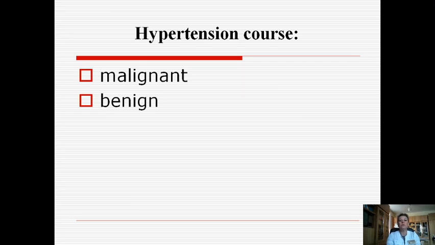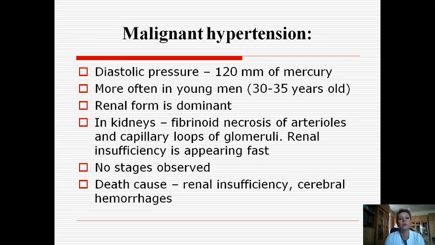There are two courses. We said that arterial hypertension is a chronic disease. As a result, which course can we see? Malignant is an acute and aggressive course, and benign is a more favorable, more prolonged course. What about malignant hypertension? This is an aggressive, I repeat, and fast course. Diastolic pressure is very, very high, about 120 millimeters of mercury.